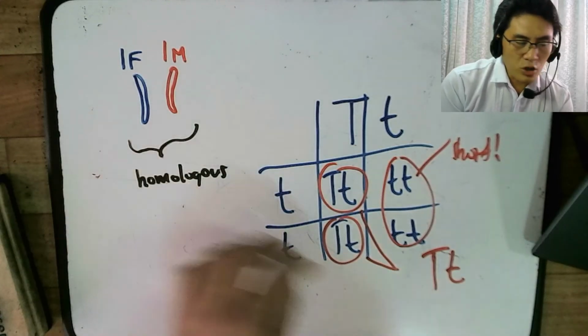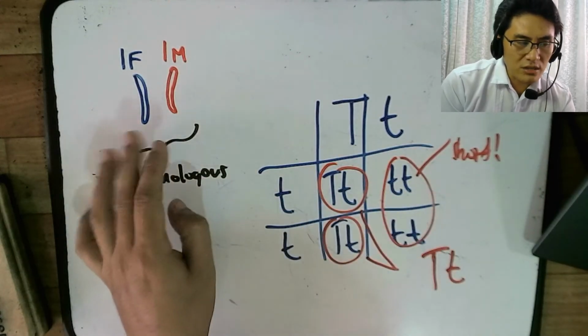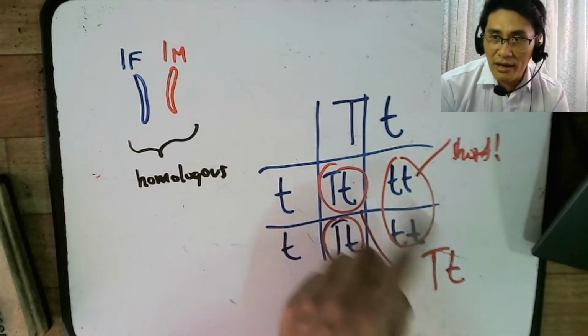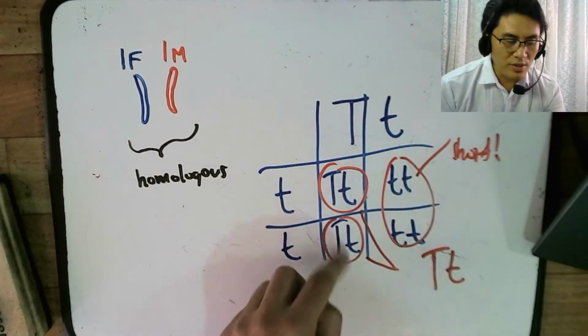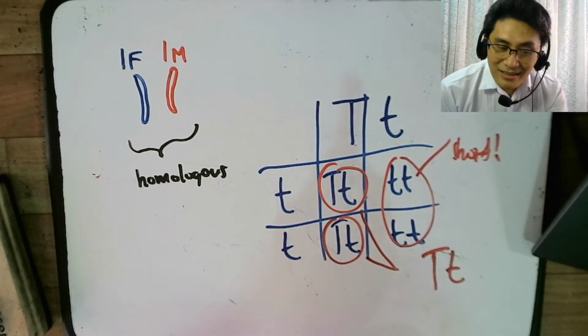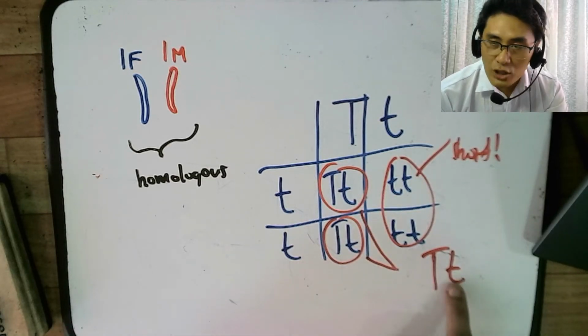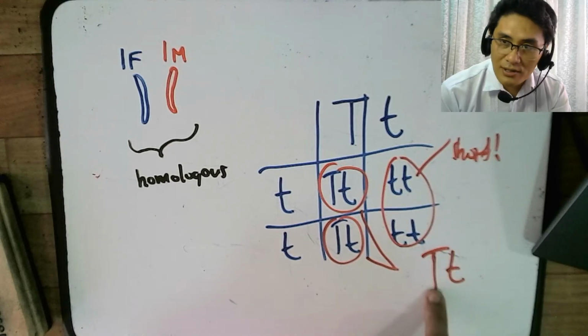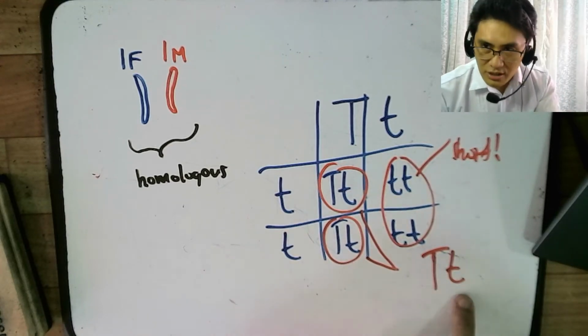The cell kind of chooses the dominant type, so that's why you have this Mendelian genetics, where you would say that if you were this person, you would be tall, but in your genes you have that short gene. It's just that your tall gene kind of dominates over it.